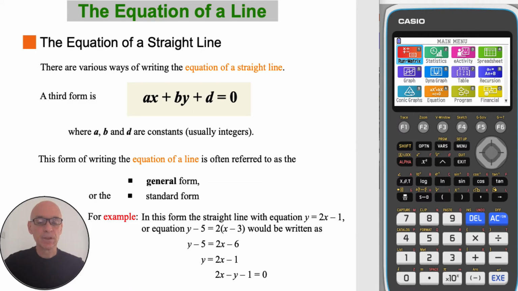For example, the straight line with equation y = 2x - 1, or equation y - 5 = 2(x - 3), would be written by expanding the brackets and rearranging the terms as 2x - y - 1 = 0.